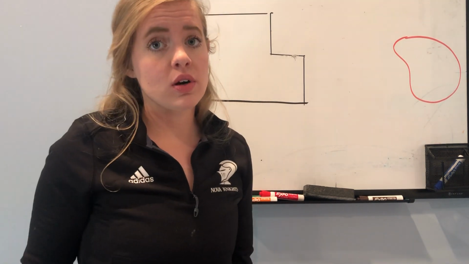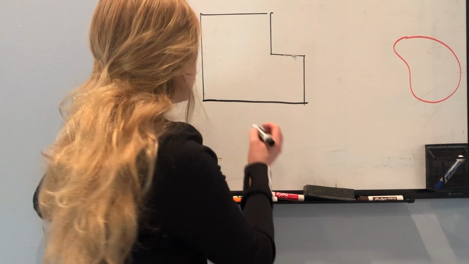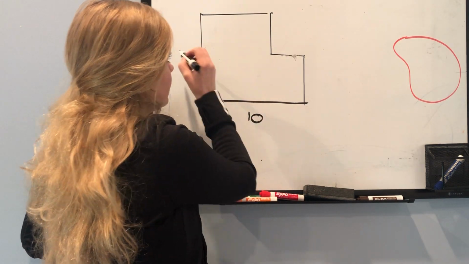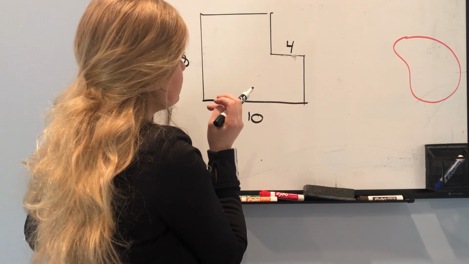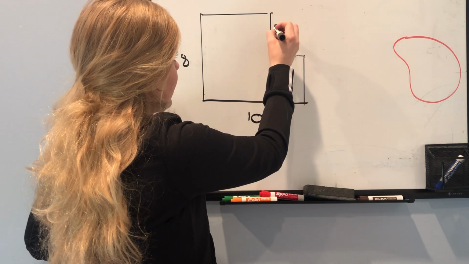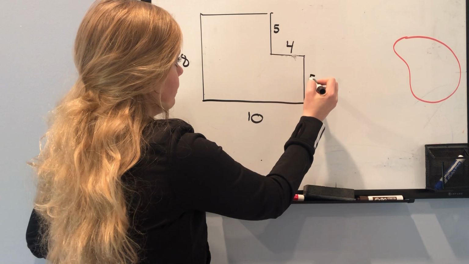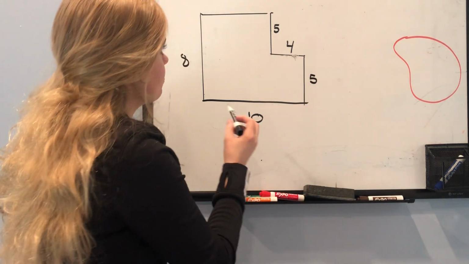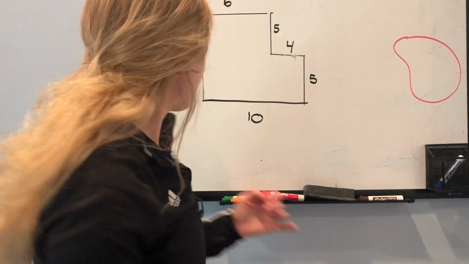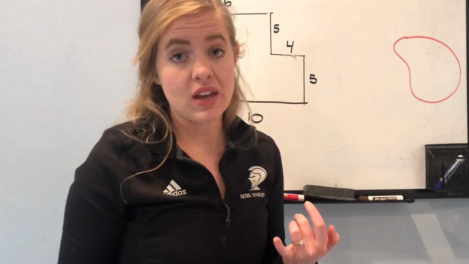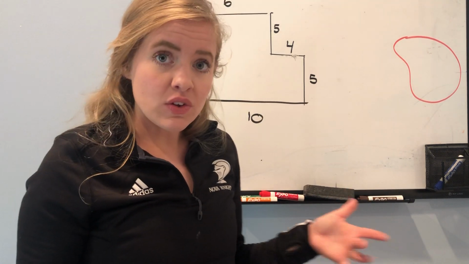Let's say your homework or the slideshow or whatever you're doing tells you to find the perimeter, and it says this is 10, 8, 4, 5, 5, and this would be 6. So let's say you have all these numbers. How you would find the perimeter is the same thing: you would just add up all of the sides. But now it's not a rectangle or a quadrilateral.